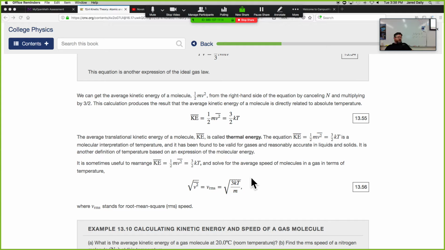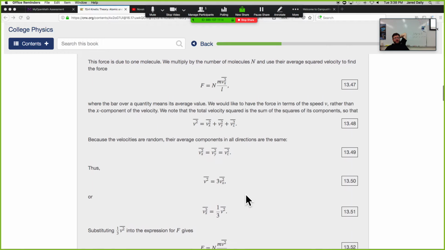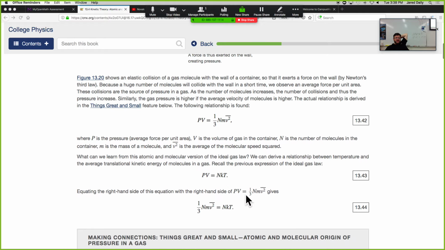So if you start off with a temperature of 100 Kelvin, and the temperature has to be in Kelvin for this to work, and your particles are going 1,000 meters per second, then if you go up to 400 Kelvin, they won't be going 4,000 meters per second, they're only going 2,000 meters per second because of the square root. But they still increase. So this is what we call the kinetic theory, all these calculations here.